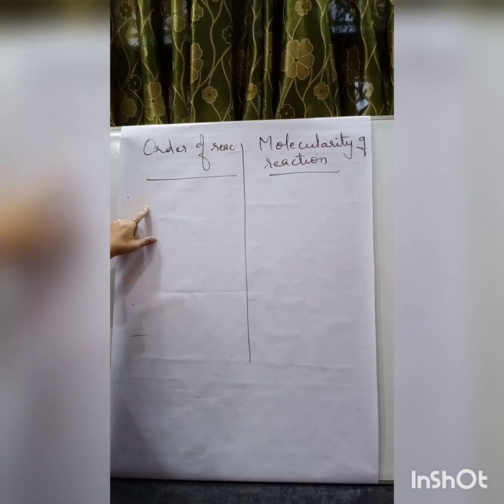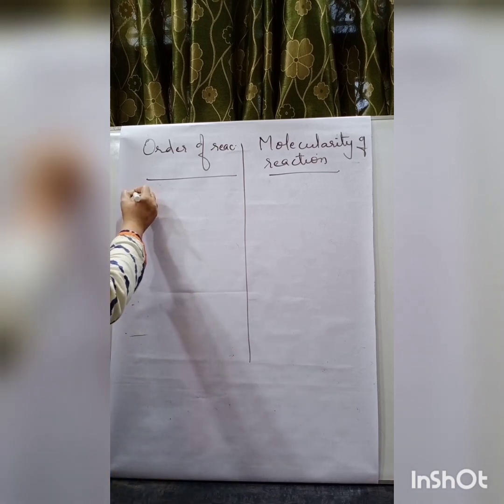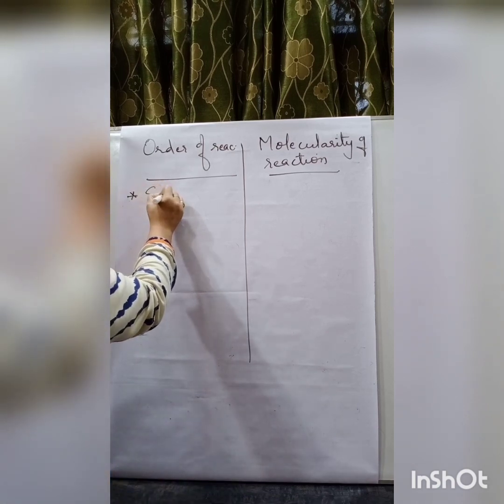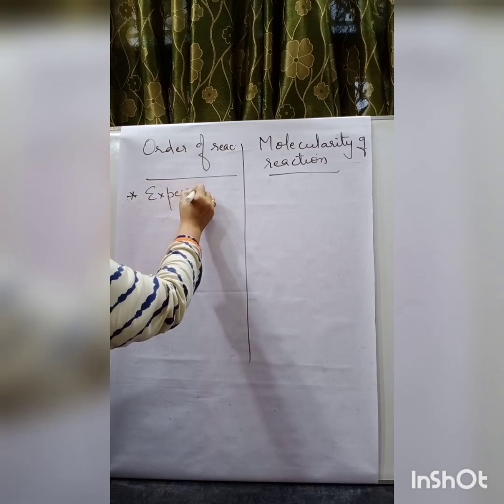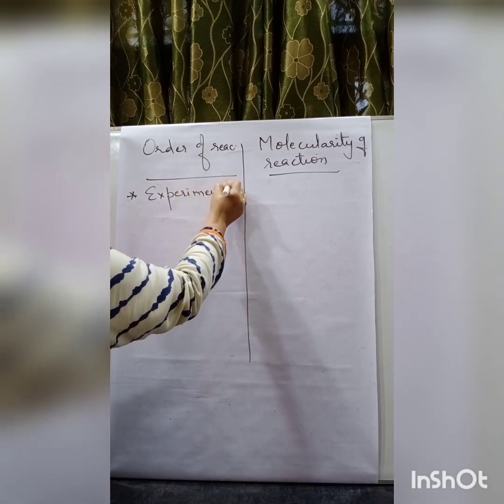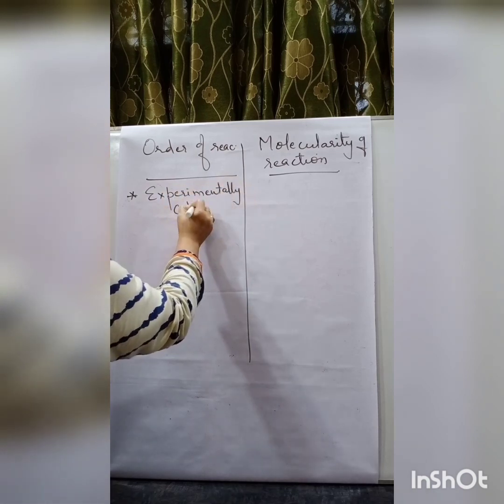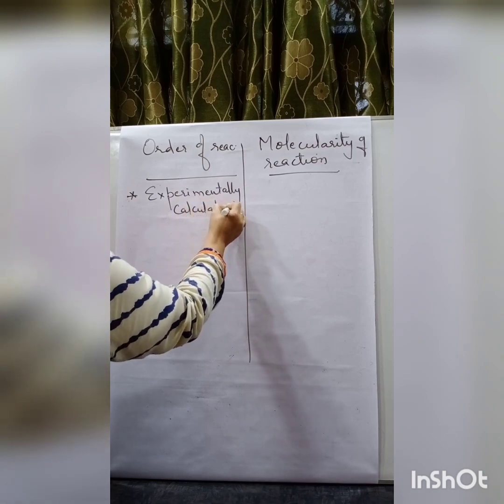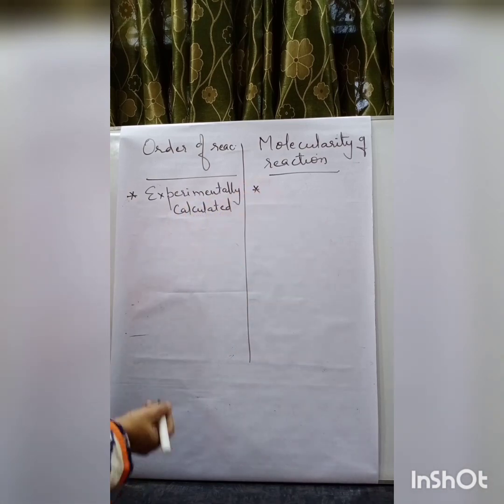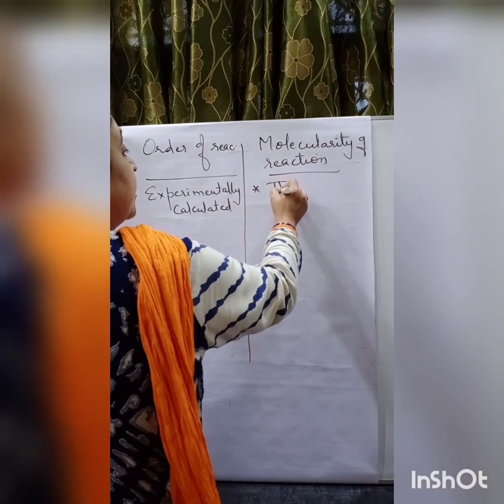How do we calculate the order of reaction? It is always calculated experimentally. How can we calculate molecularity? Theoretically.